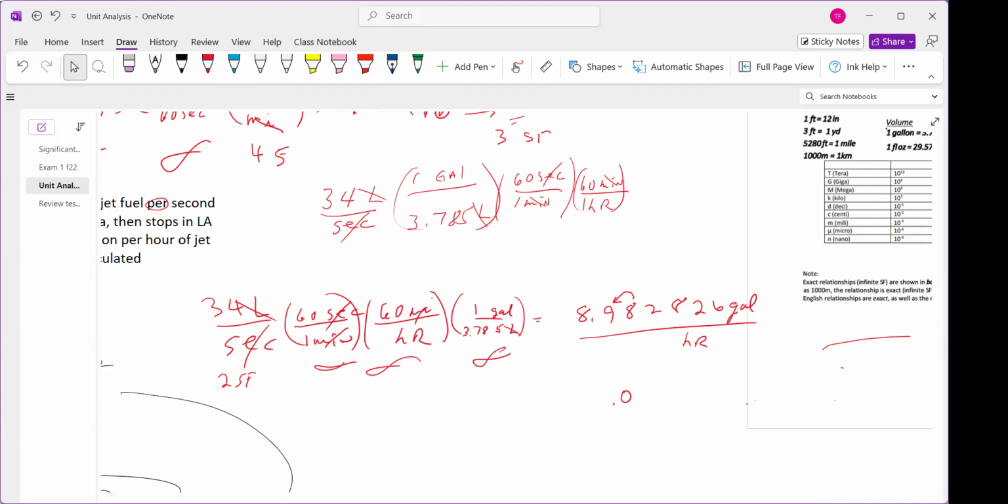Okay, so this is the right answer. We did it 4 times. Because we reduce everything to the perspective, just multiply everything on top, that's 34 times 60 times 60, and divide by everything on the bottom, 3.785.